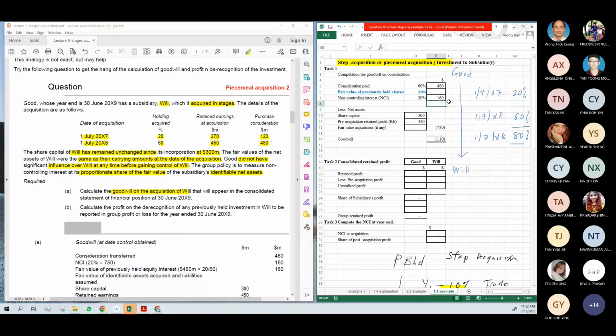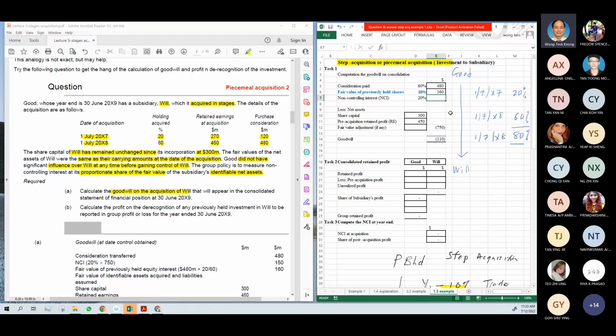Agree? You bought 60% and paid 480, so 20% is proportionally 160. Use the proportional method; you can convert it to a price per share. So for the previously held share, 160.